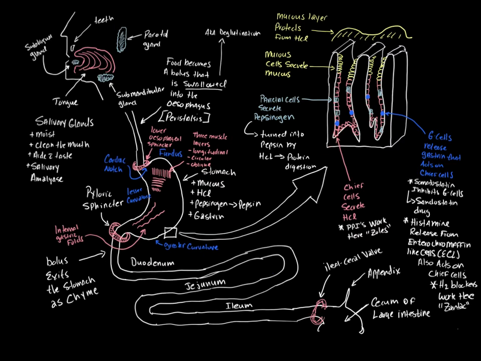And basically the way these proton pumps work is they pump and they create a gradient of hydrogen ions, and those hydrogen ions are used to make the hydrochloric acid. You have hydrogen ions and chloride ions to make hydrochloric acid. Does that kind of make sense?